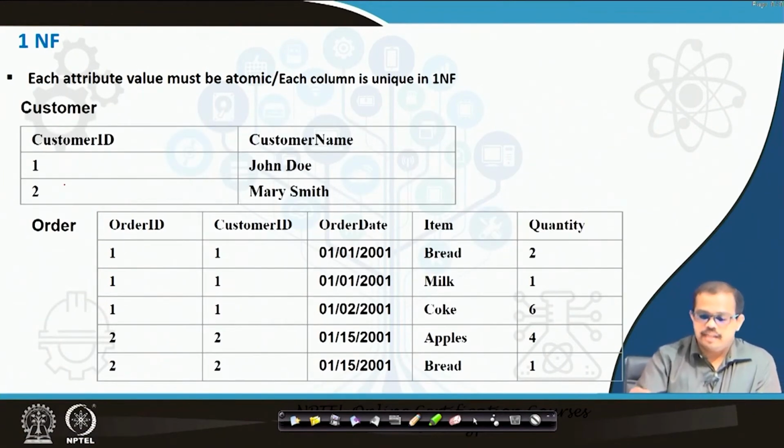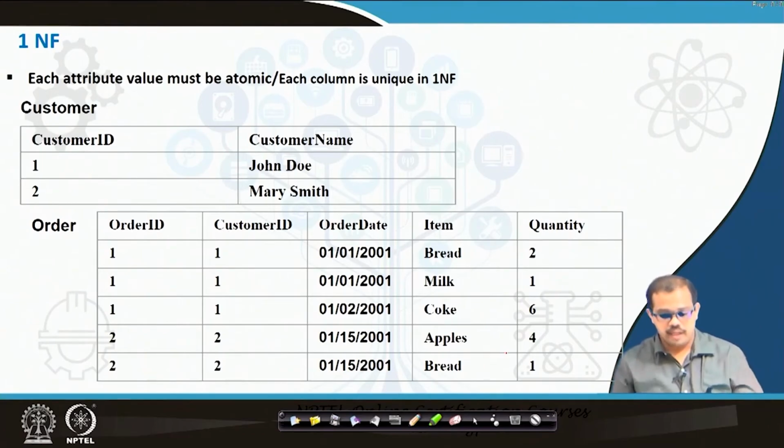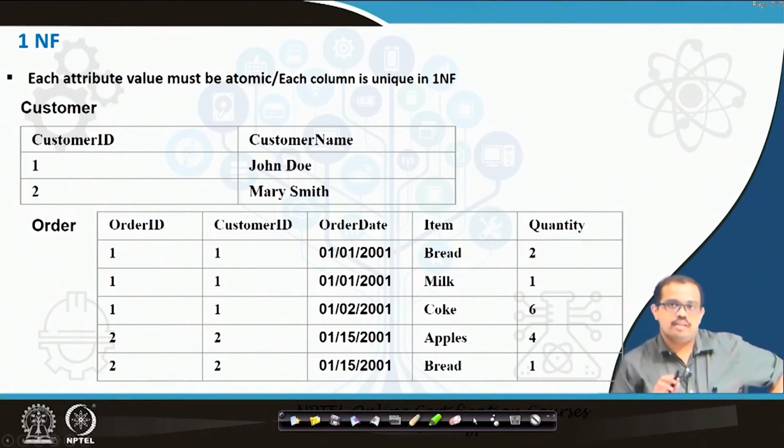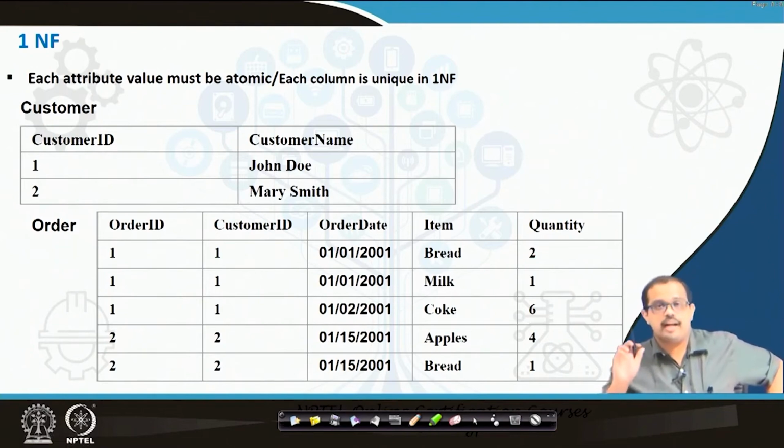I create a table with just a customer ID. So, this would be my primary key. In this case, I would create a customer ID and a customer name. Now, this particular customer ID is linked to another table which has order ID, order date and the item. Now, you can see in any of these tables, all data are atomic.